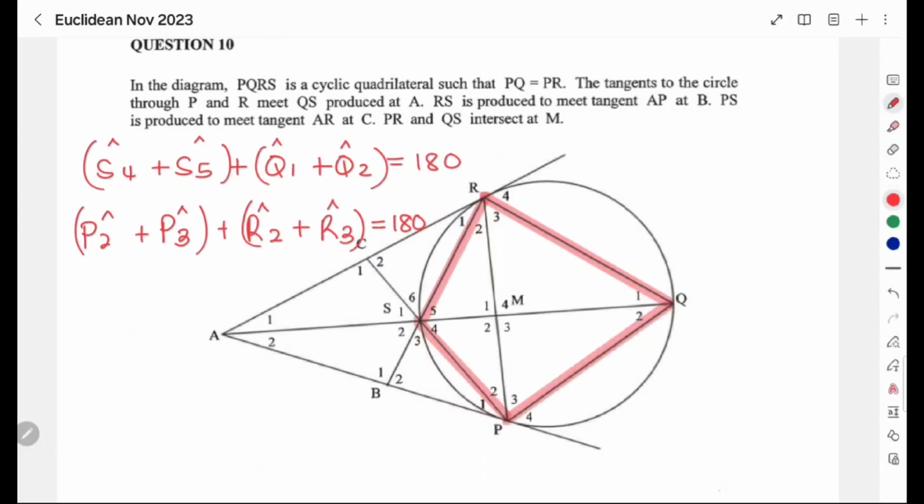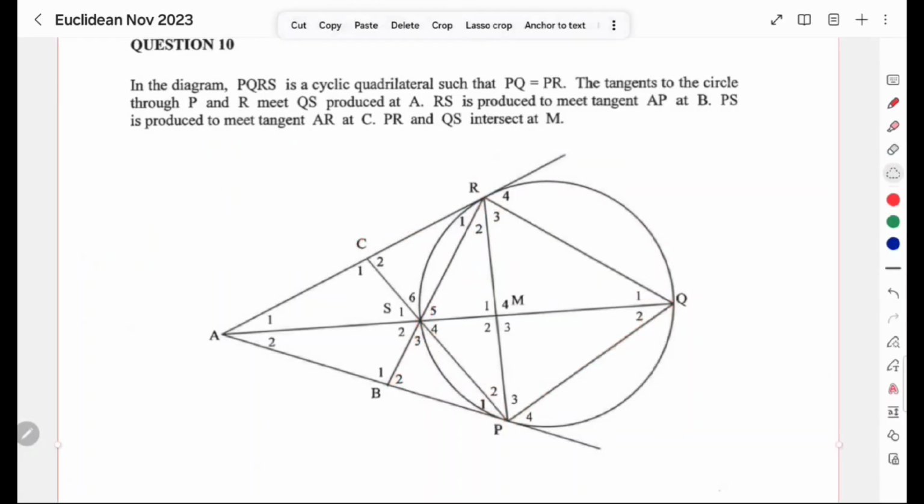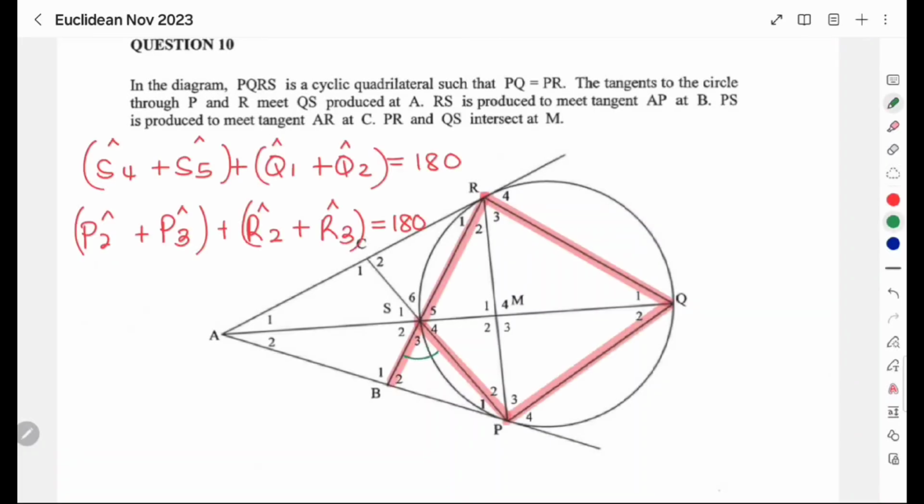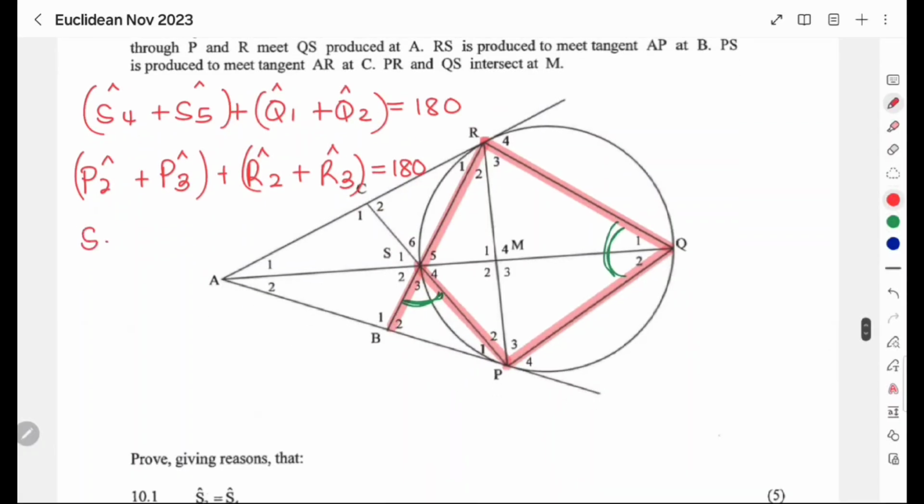Opposite angles of a cyclic quad are supplementary. In addition to this, because this exterior angle can be produced, we know that the angle S3 is equal to the opposite interior angle. So S3 is equal to Q1 and Q2.